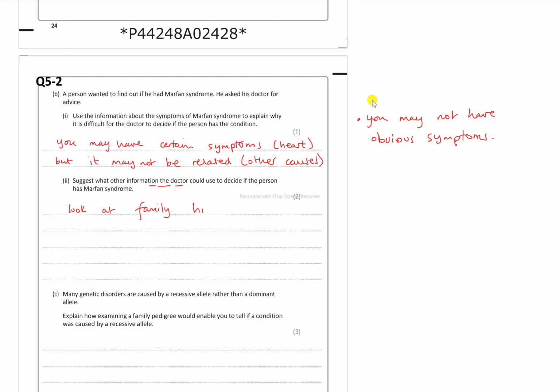You can do a genetic test, and to make sure, you look for combinations of symptoms. Right.